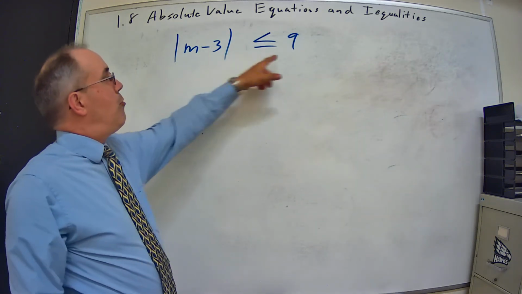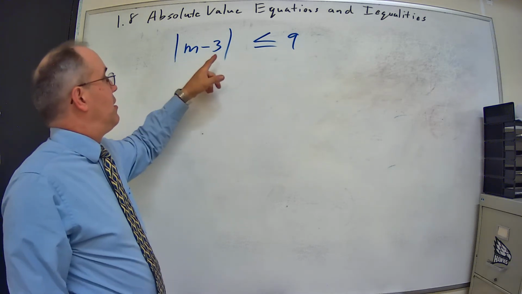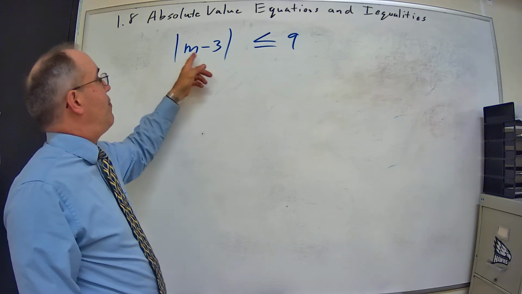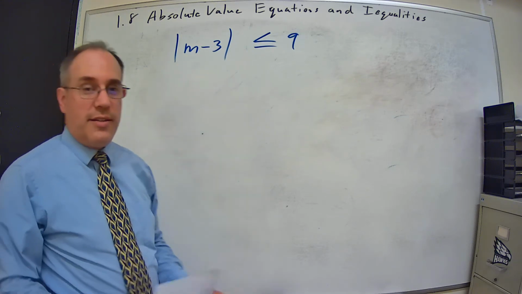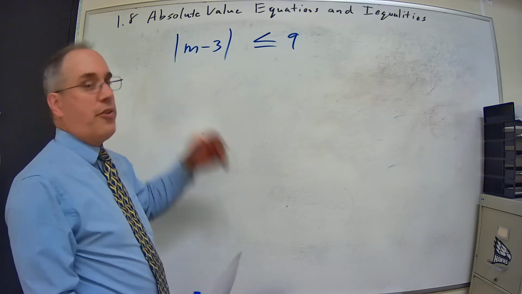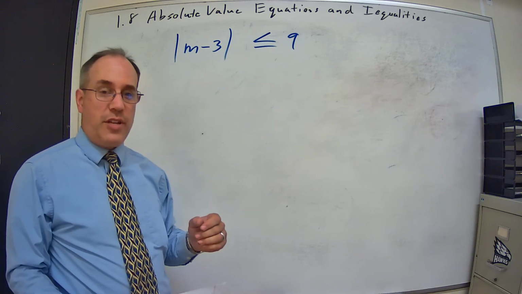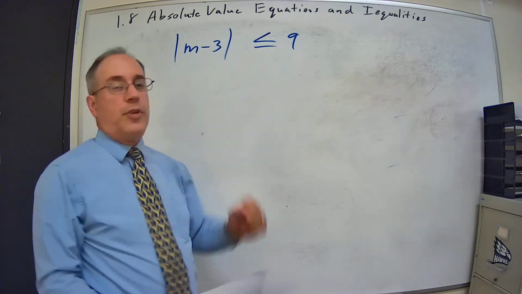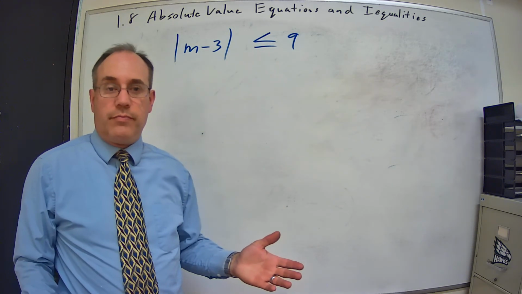M must be no more than 9 units from 3. So the distance from m to 3 is found just by taking the difference, and then absolute value gets rid of a negative sign, so it doesn't matter the direction, and it must be less than or equal to 9.